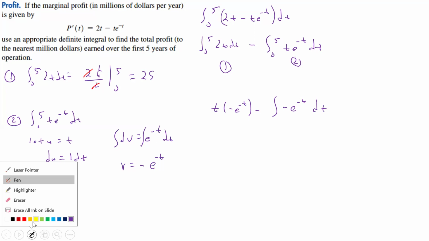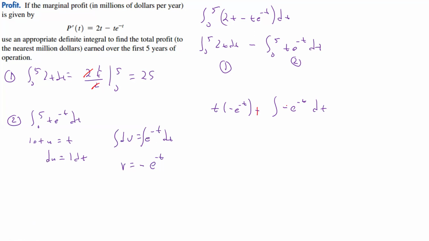I see that I have a minus, a minus, so let's make that a little simpler to start with. Now we have the integral of e to the minus t. Well, I just found that right there, so I'm not going to do that integral again. And so now I get a minus t e to the minus t minus e to the minus t.